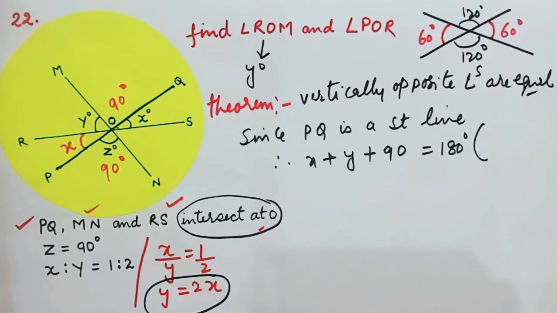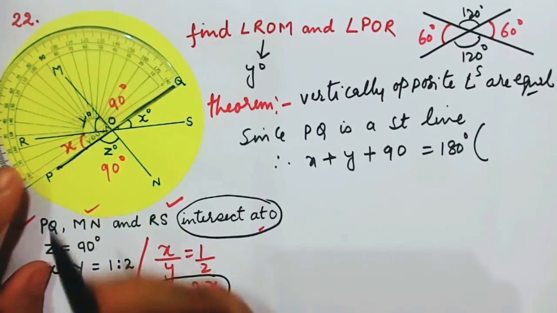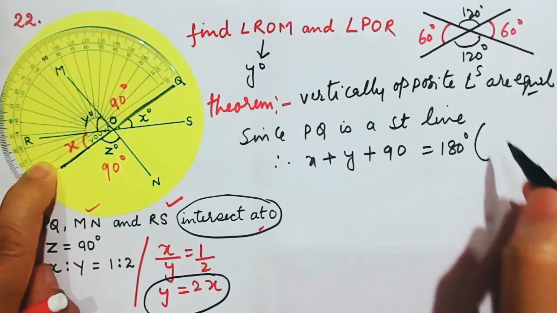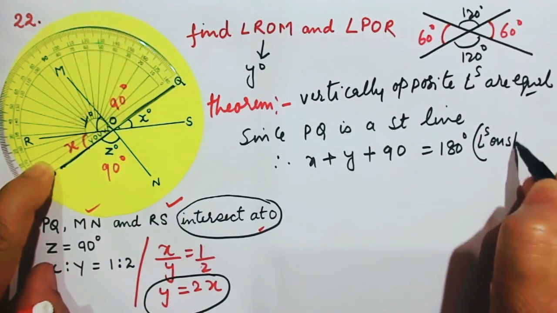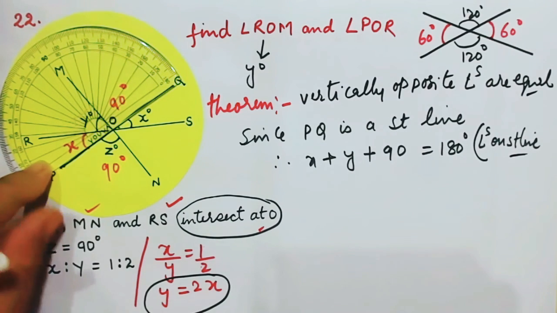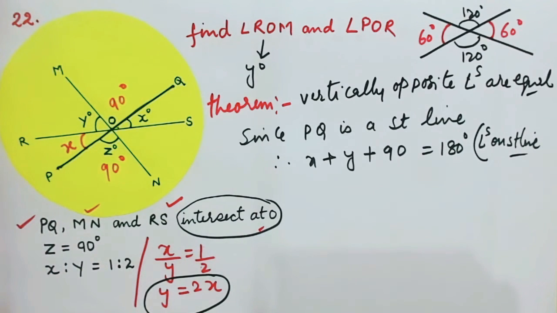Why? You know it. The thing is that the sum of angles on a straight line is equal to 180 degree.